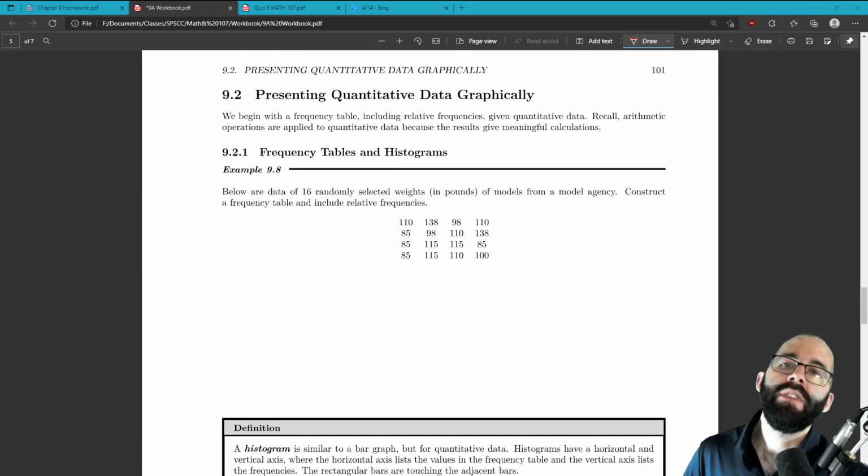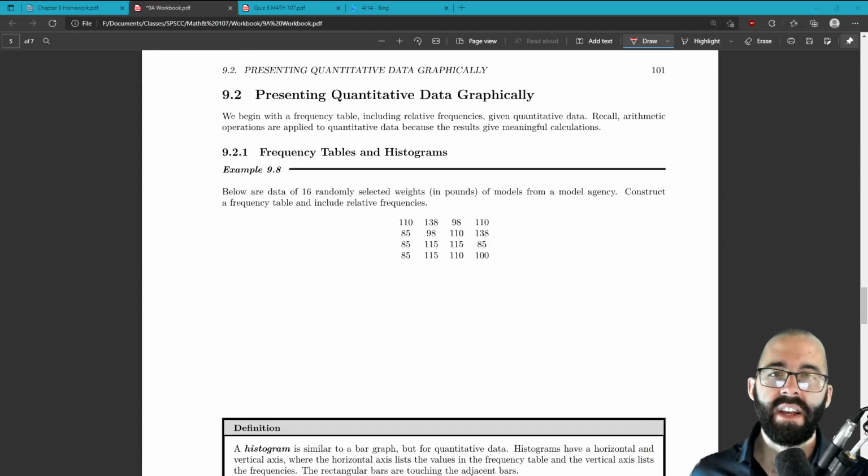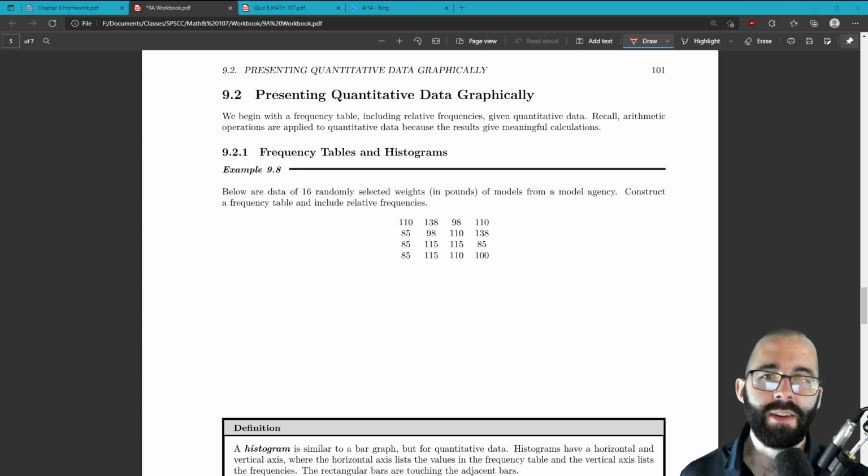All right, so now we're moving into 9.2 for quantitative data. We described qualitative data. Remember, qualitative data is talking about descriptions, whereas quantitative data is talking about not even just descriptions, but categories. There's a lot of different ways of thinking about qualitative data.